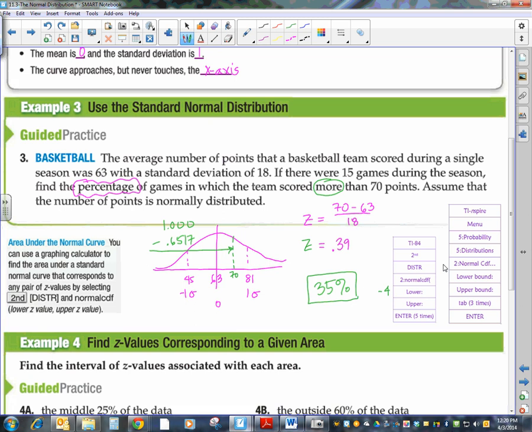You're going to hit the tab key to go to your upper bound and type 0.39. And then you're going to tab 3 times to the OK button and hit enter. And it spit out the number of 0.6517 for you. Okay, so you might want to keep those directions handy as we continue to the next problem.